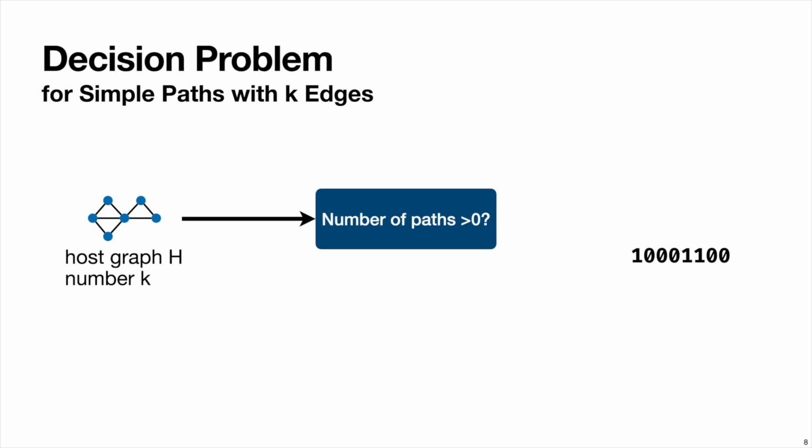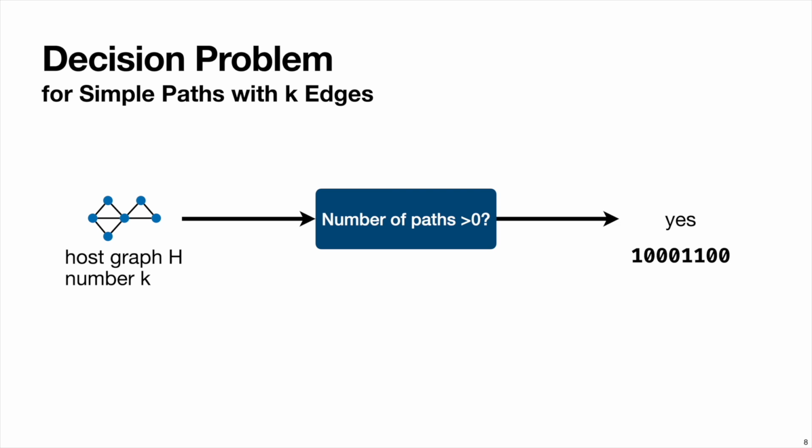There are, of course, variants of this problem. The more classical problem is the decision problem, where we just want to know whether the number of paths that have k edges is at least 1. So the answer in our example would be yes.